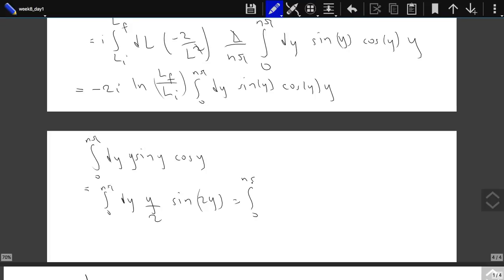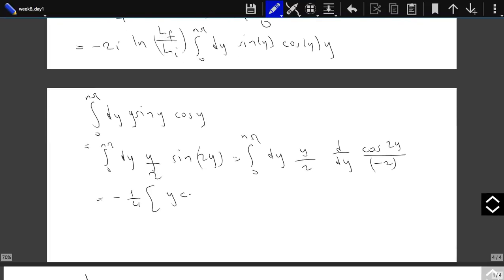This is equal to the integral from 0 to n pi dy of y over 2 times the derivative with respect to y of cosine 2y over minus 2. Now I can do integration by parts. This will be equal to minus 1 over 4 times y times cosine 2y, from y equal to 0 to n pi, minus the integral from 0 to n pi dy cosine 2y.